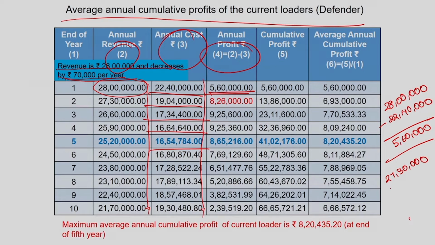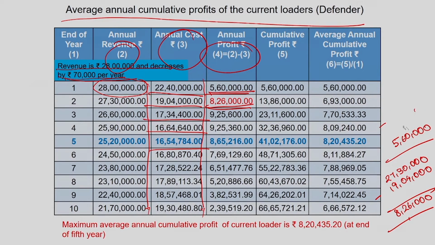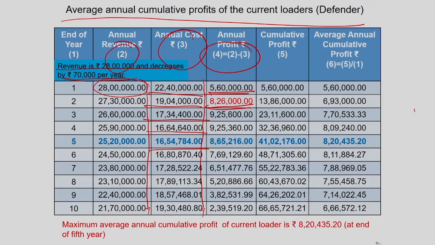The annual cost for the second year is 19 lakh 4,000. So, that gives me the annual profit for the second year as 8 lakh 26,000. So, you keep calculating it for all the years by subtracting column 3 from column 2, so that you can get the actual profits alone for every year.